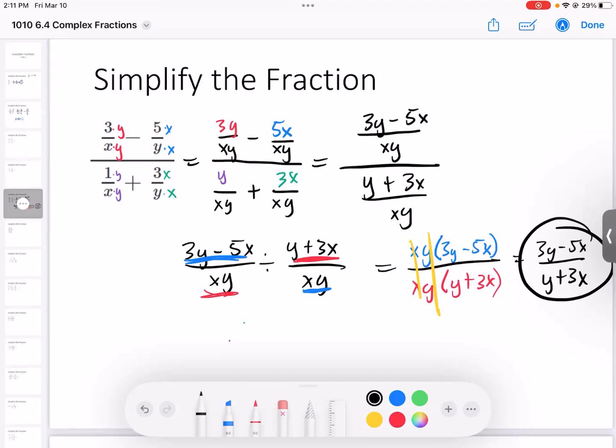Why can't you cancel out one? Good question. So the only time that you can cancel things out is if things are multiplied. An easier way to see this is like if you had the fraction 1 plus 2 over 3 plus 2, you couldn't cancel out the 2's and say this equals 1/3, right?